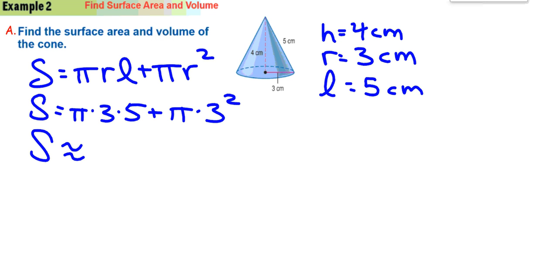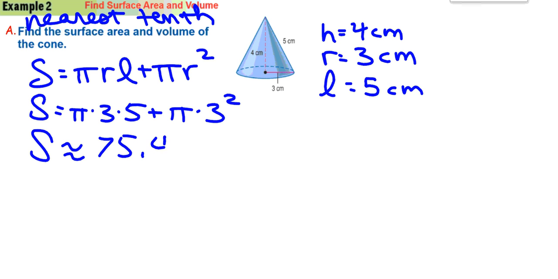And I can't find my notes, so I don't even know the answer. Oh, just kidding. I found them. Yes, to the nearest tenth. And what did you get if you round that to the nearest tenth? 75.4.